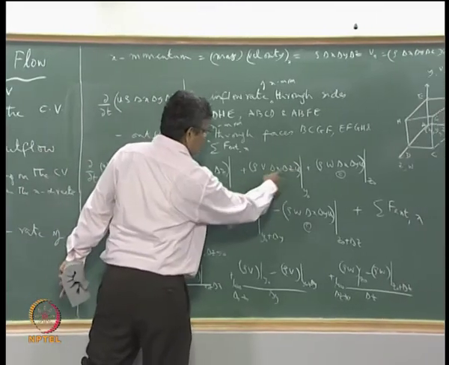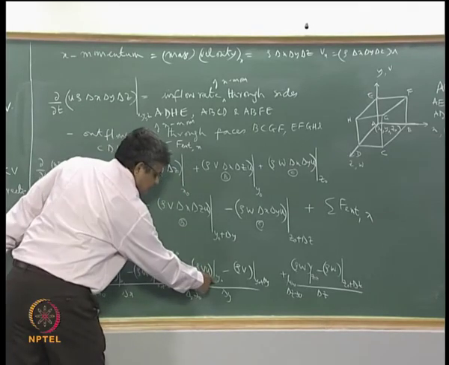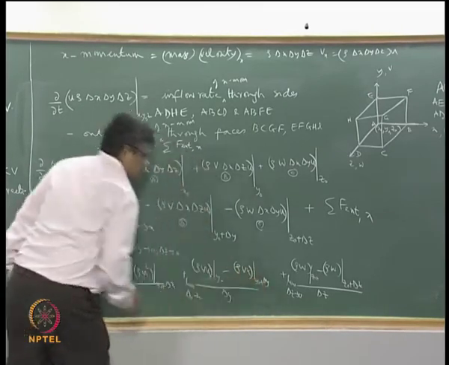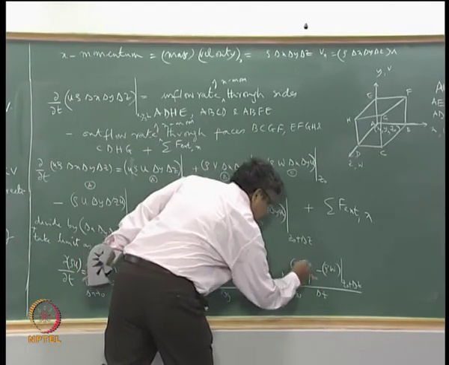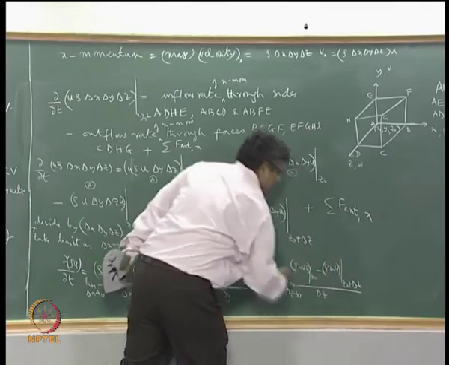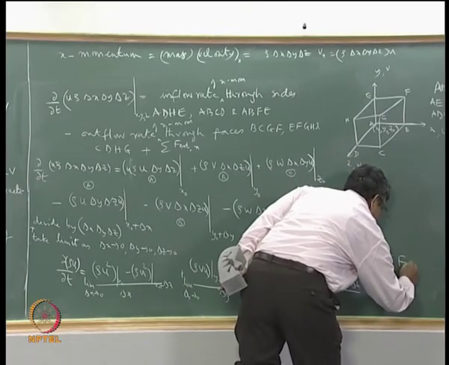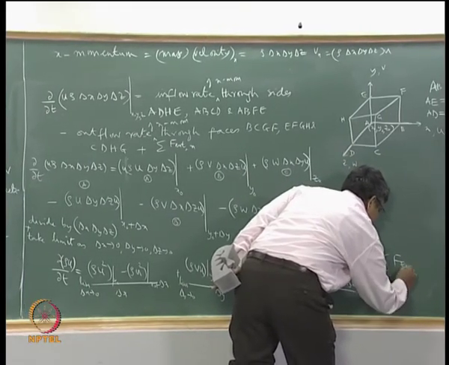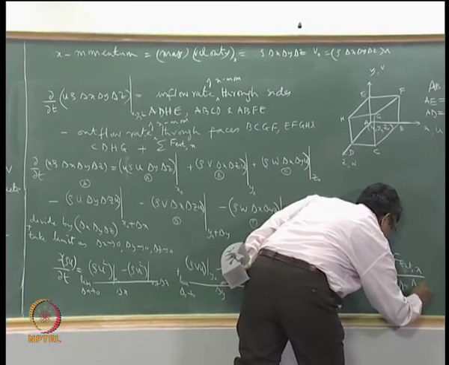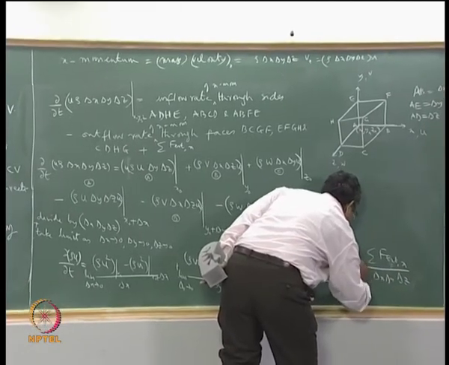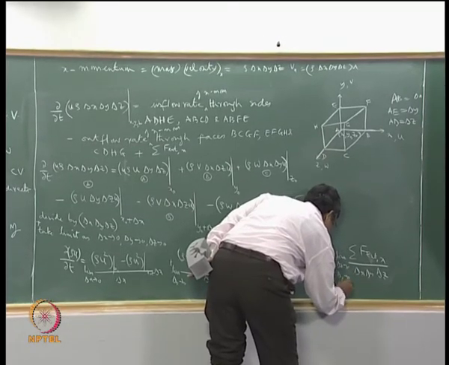Here you have u and v, so rho v u at y naught minus rho v u at y naught plus delta y, and rho w u at z naught minus rho w u at z naught plus delta z, equal to the sum of all external forces acting in the x direction divided by delta x, delta y, delta z, times the limit as delta x tends to 0, delta y tends to 0, delta z tends to 0.